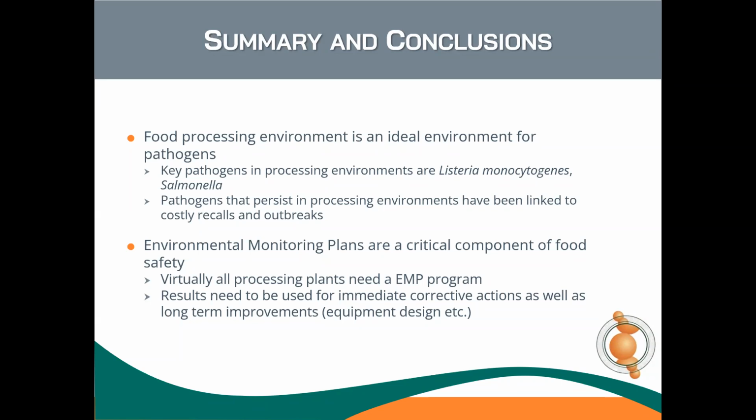So if you catch it before, that's fantastic. And then finally, environmental monitoring programs are a critical component of food safety. All processing plants should have an EMP, and we are seeing that from a lot of auditors that are coming in to help with third-party audits at facilities. And then results need to be used for immediate corrective actions as well as long-term improvements.